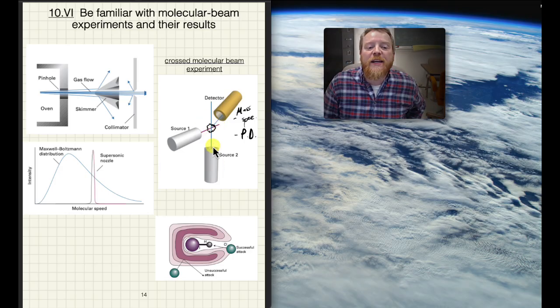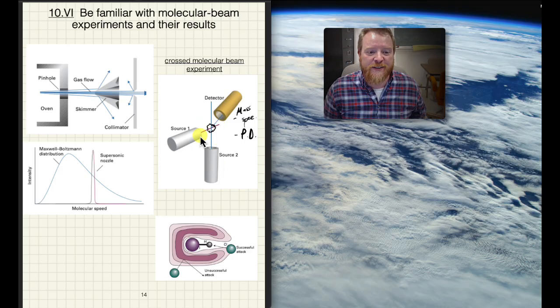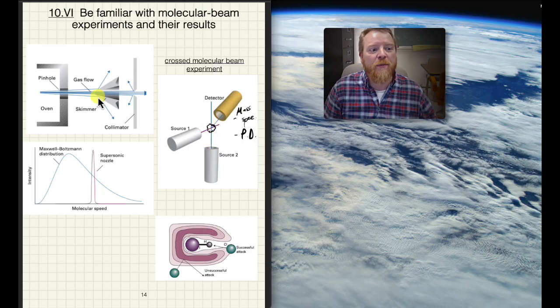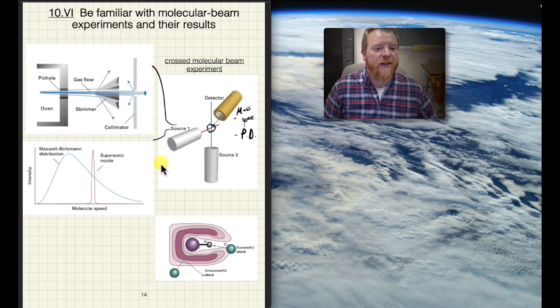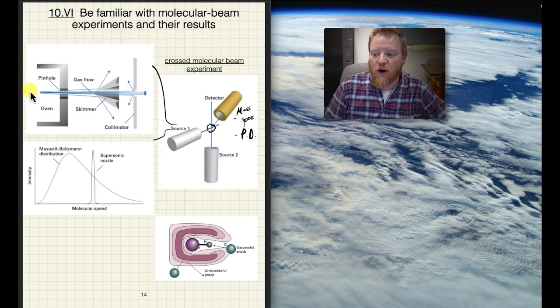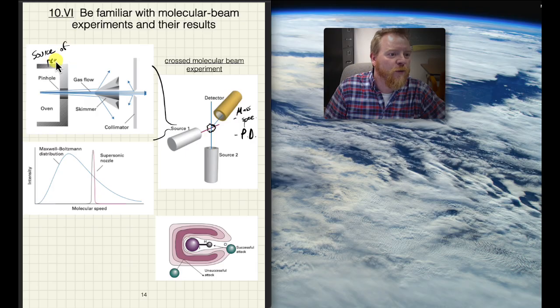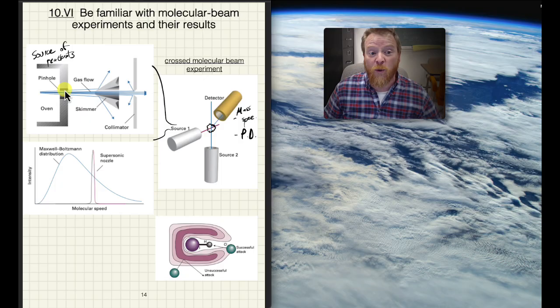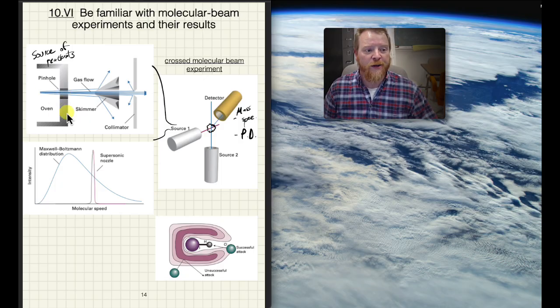So now, how do we get these molecules to fire in this linear pathway? Well, that's done in the following. This source one, for example, would be this entire schematic right here. We would start with the source of our molecules, or I'll say source of reactant molecules, and that could be a primary source or a secondary source depending on what we're doing.